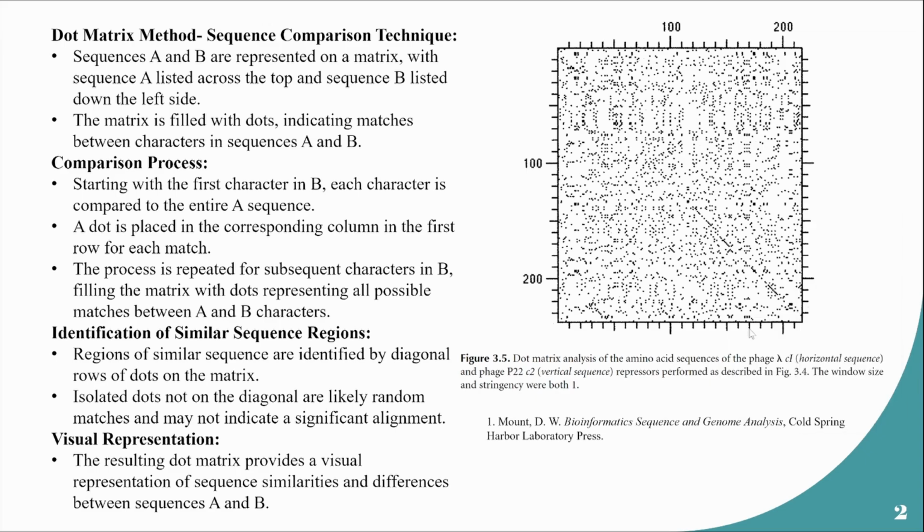The dot plot is basically a visualization tool. On both axes, the x-axis and the y-axis, we write down the sequences character by character, and whenever we find a matching character, we put a dot there.